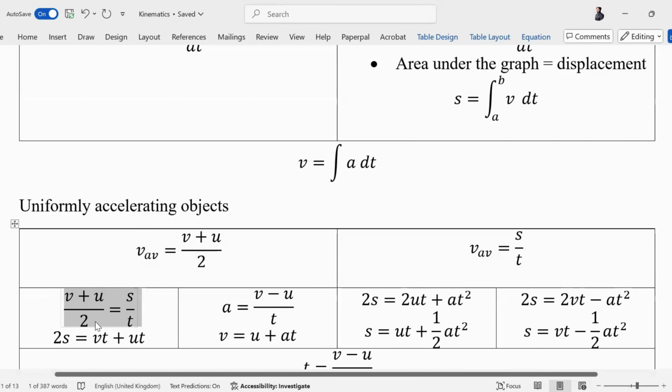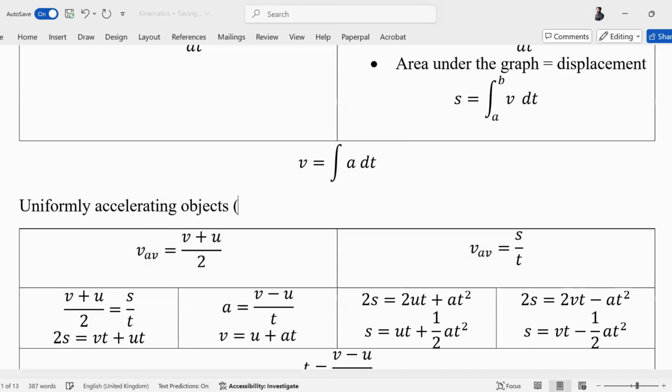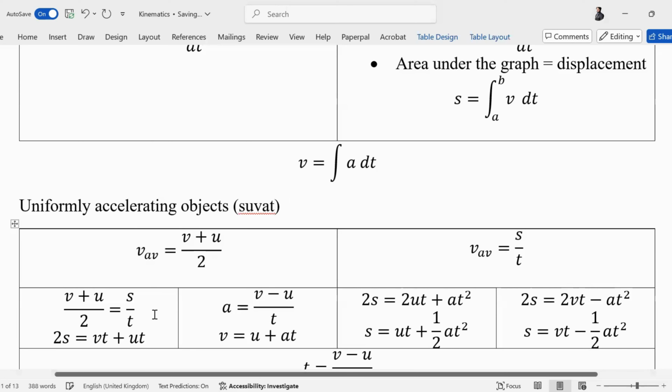So v plus u upon 2 is equal to s upon t. Cross multiply करके we can make this equation. These equations that we'll be doing are called SUVAT equations, because these are the 5 variables that will be in focus: displacement, initial velocity, final velocity, acceleration, and time.